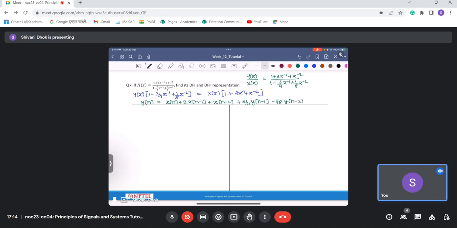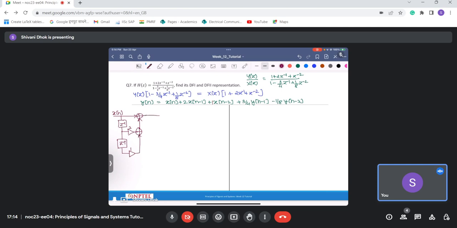So what I have is this x of n, which is as it is, and it gets added with a delayed and scaled version of x of n minus 1. So it is z inverse, delayed and scaled by a factor of 2. Then again I have x of n minus 2, which is scaled by unit magnitude and goes here.